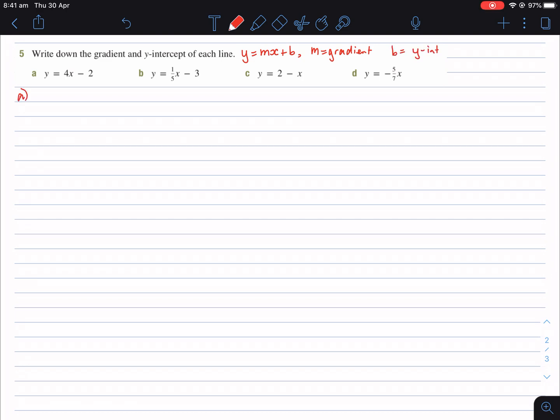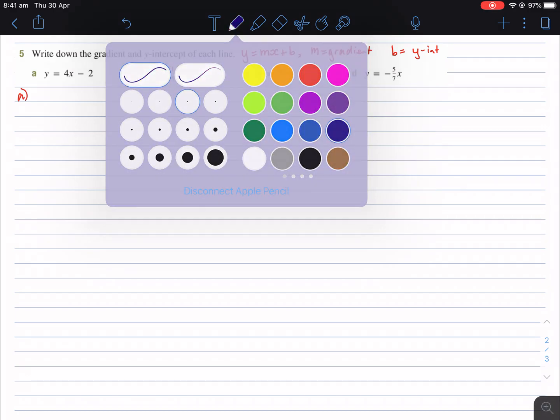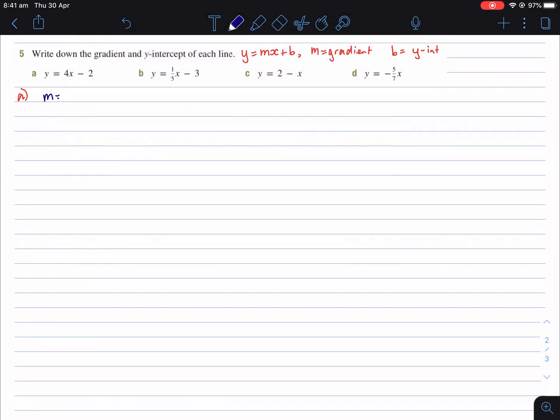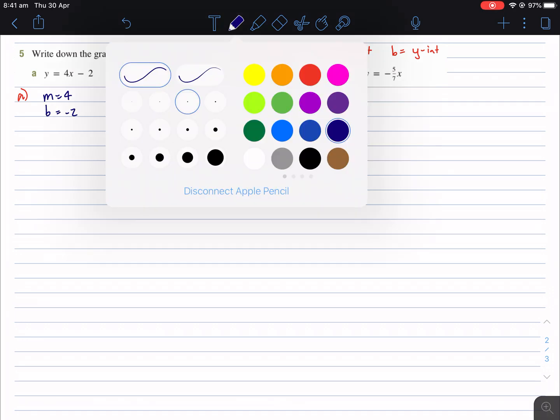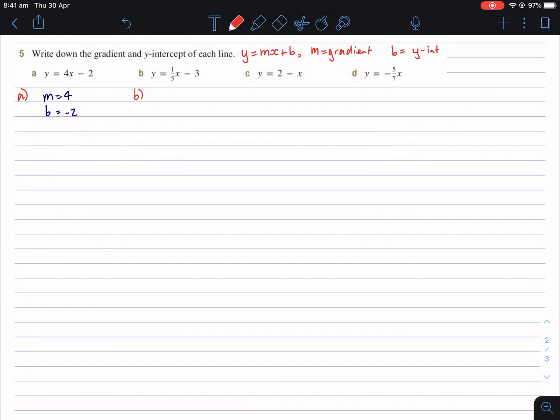So for A, gradient is 4, the y-intercept is negative 2. For B, you tell me, what's the gradient? You're right, I hope, 1/5. The y-intercept, negative 3.